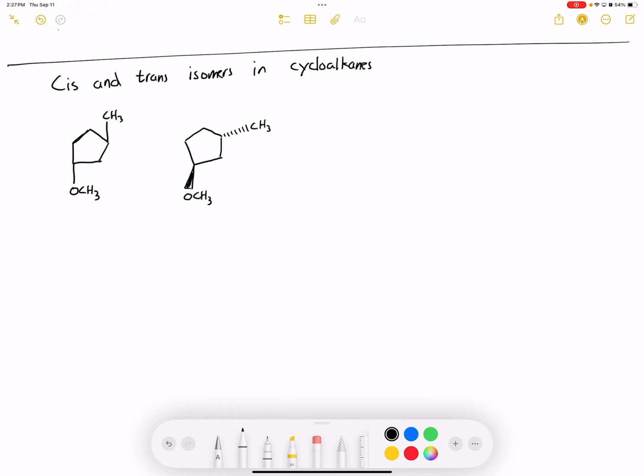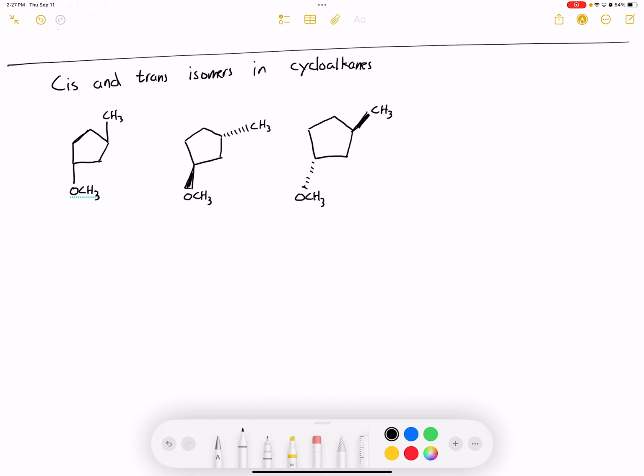Now, it doesn't matter if you put the wedge on the OCH3 or you put it on the methyl group. So I could also write this compound like this. Like that.